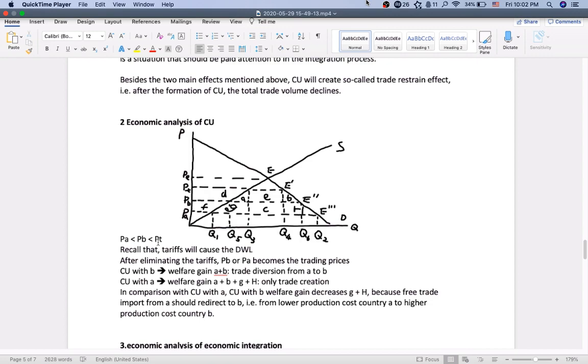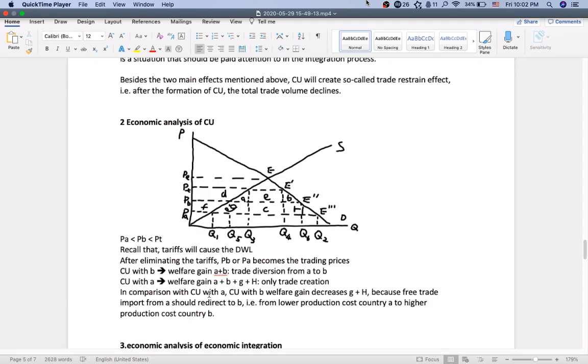While comparing with the country A, with the customs union with country A, the consumer's surplus decreases by the area between PA and PB, from E2 prime to E3 prime, or by FGCH, denoted by the FGCH.